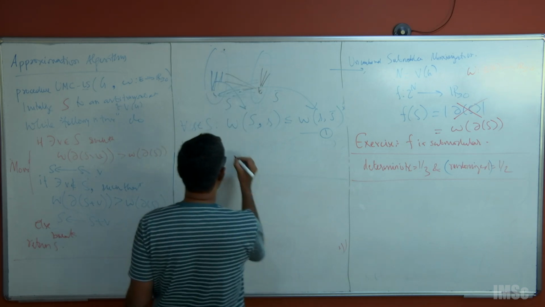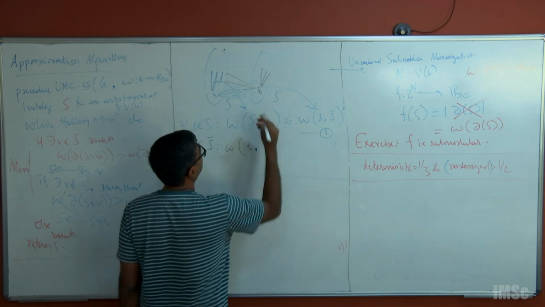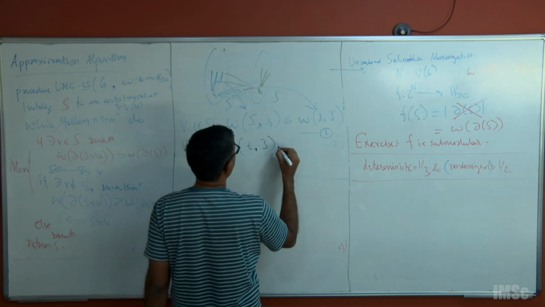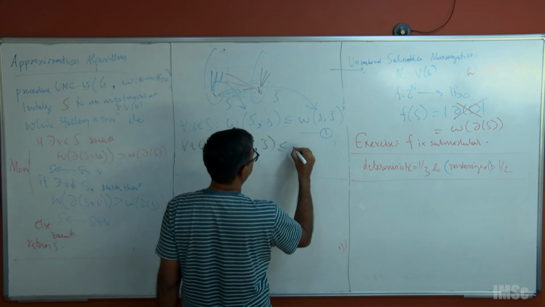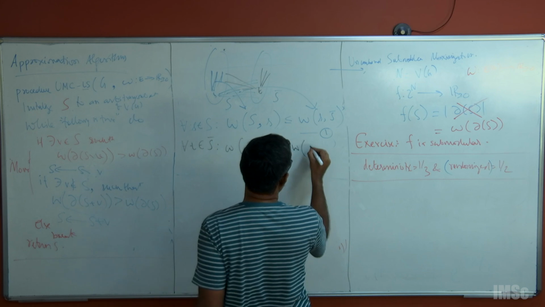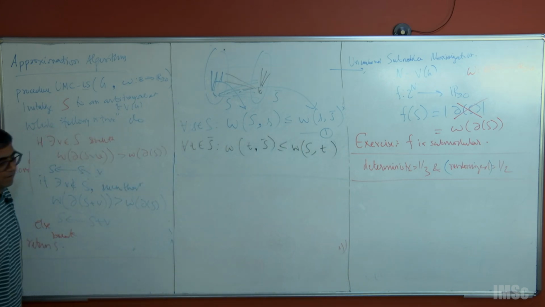Which implies that the weight from t to S bar is less than or equal to the weight from S to t. Is that fine?